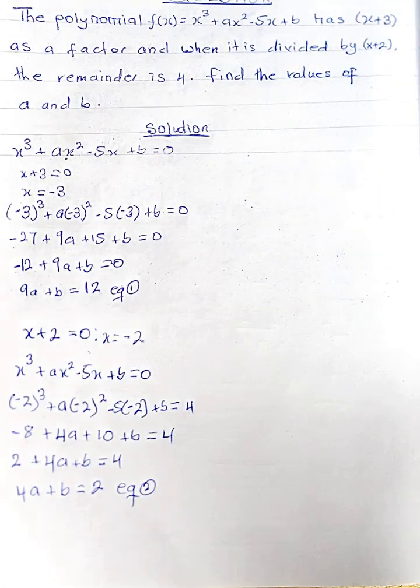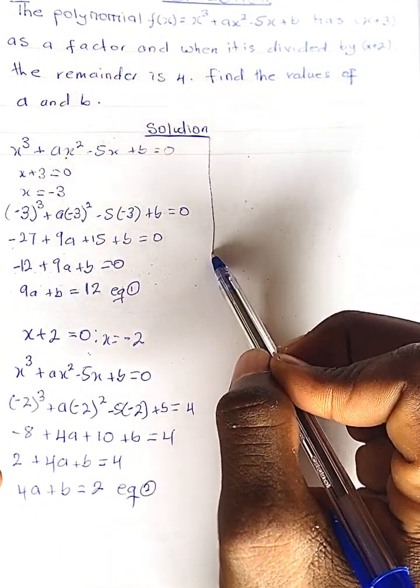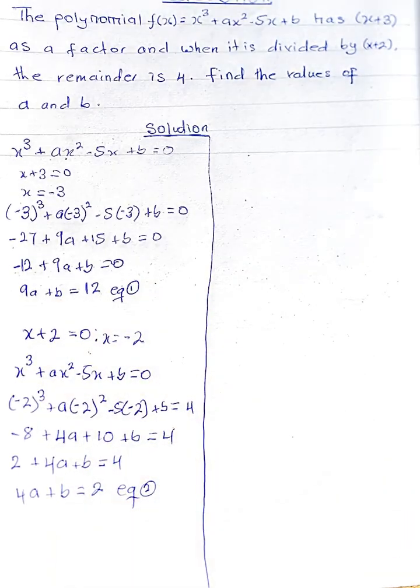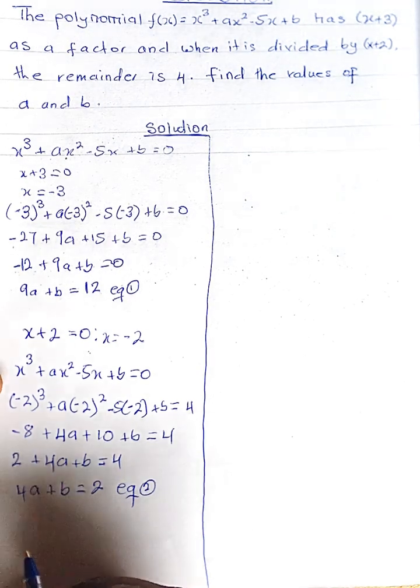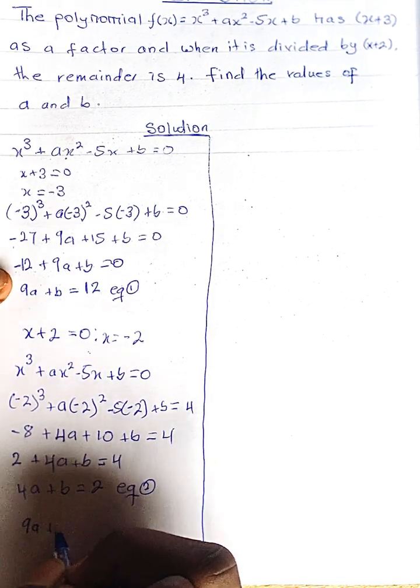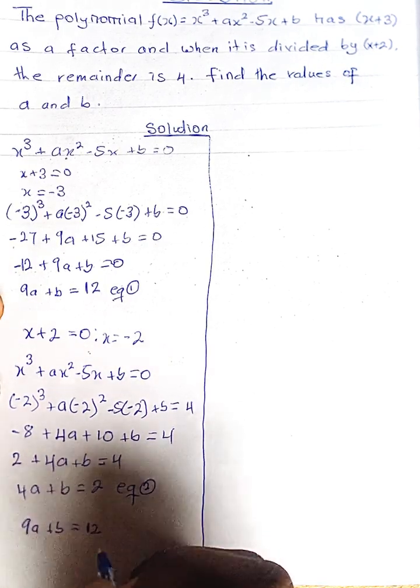So in this case, we are going to solve both equations simultaneously. Equation 1 is 9a plus b is equal to 12.